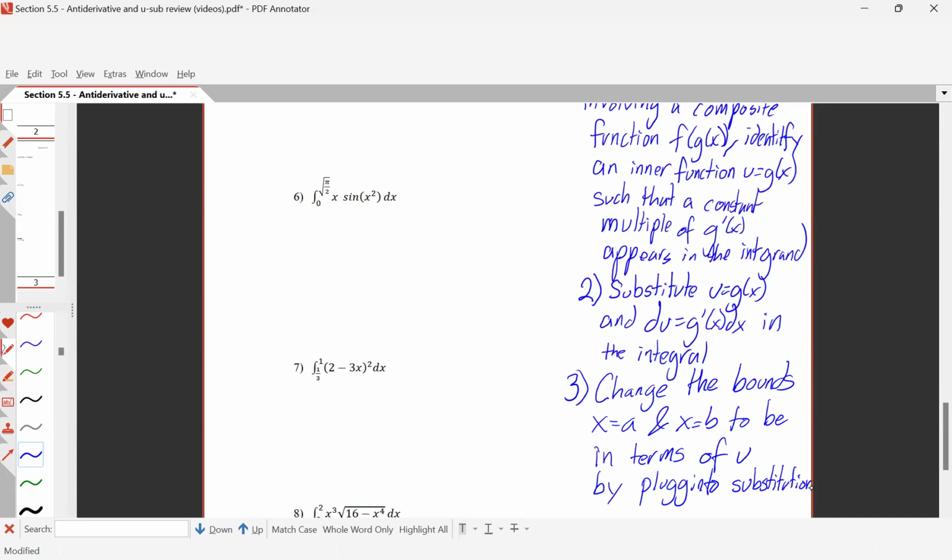These are in x, and with our substitution, we have a way u and x relate to each other.